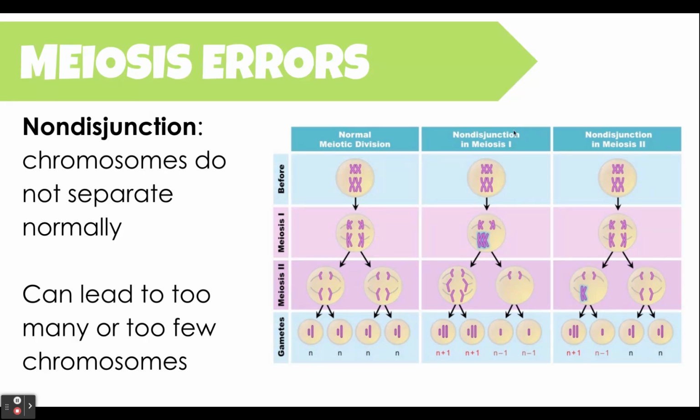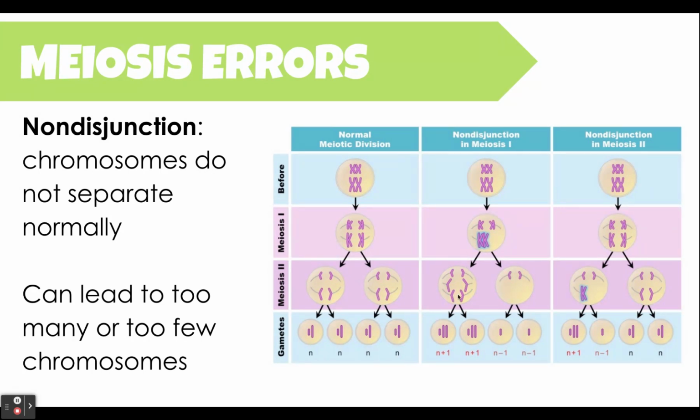So in nondisjunction, an example where this mistake could occur is in meiosis I. Those homologous pairs of chromosomes should have separated to opposite ends of the cell. Well, what happened is they got stuck together in this example, and both chromosomes ended up over to the left side of the cell.